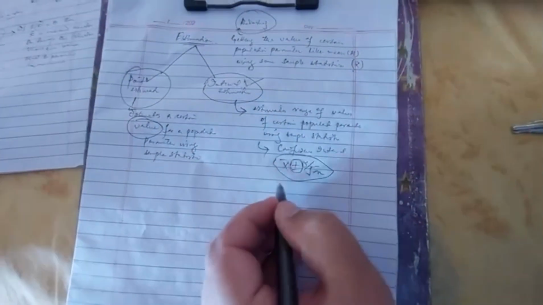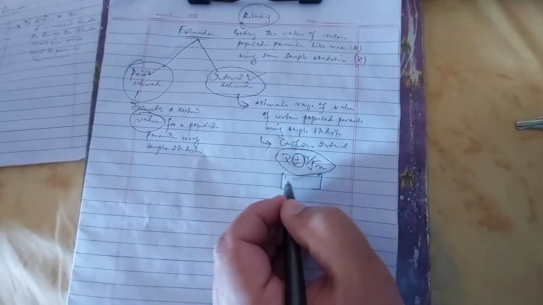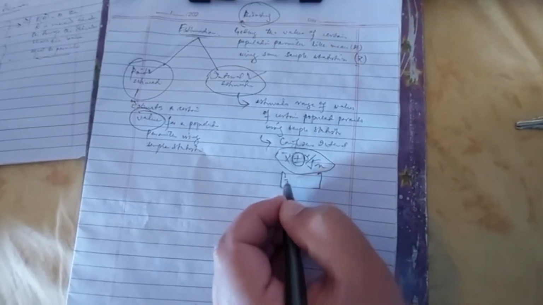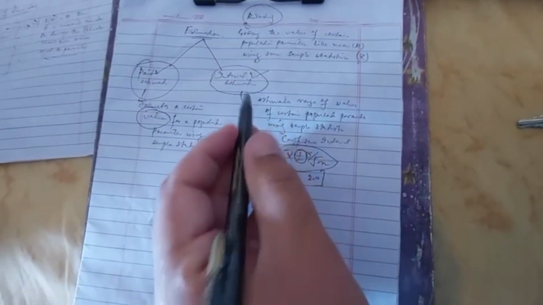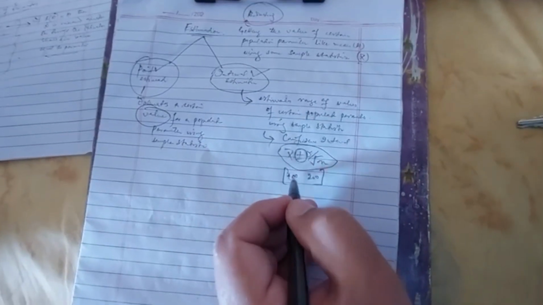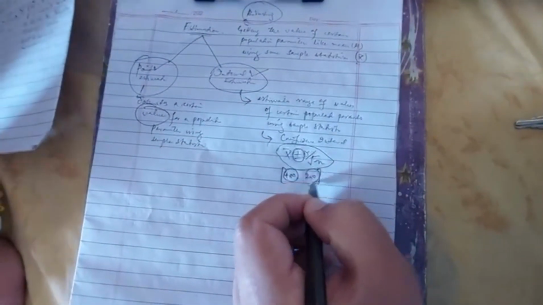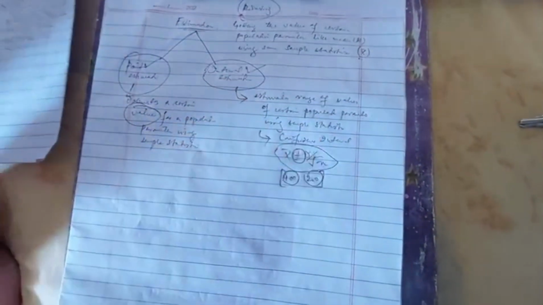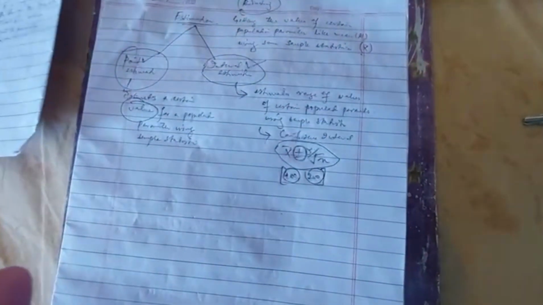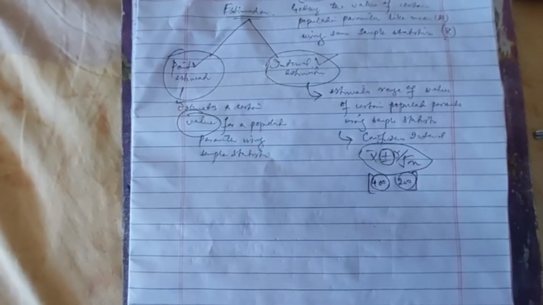This plus minus gives us a certain range, for example from 100 to 200. So the best estimate is that the population parameter falls between 100 and 200. This is how interval estimation works, but in point estimation we get a single value for a population parameter.